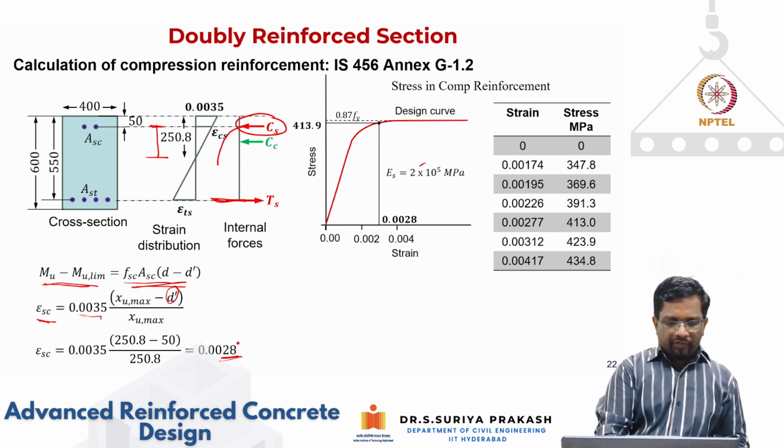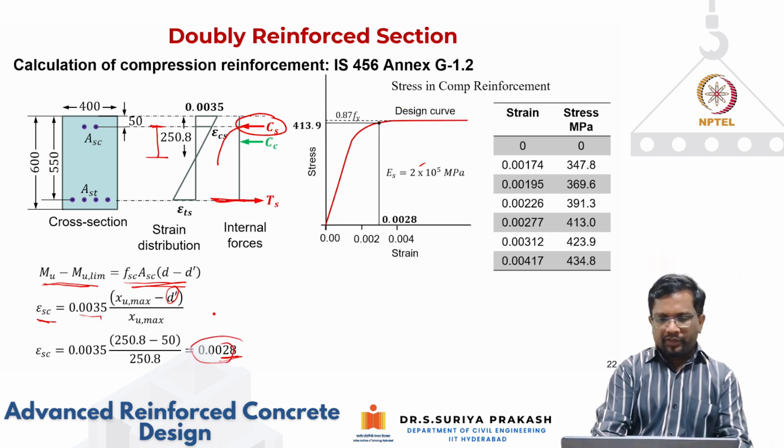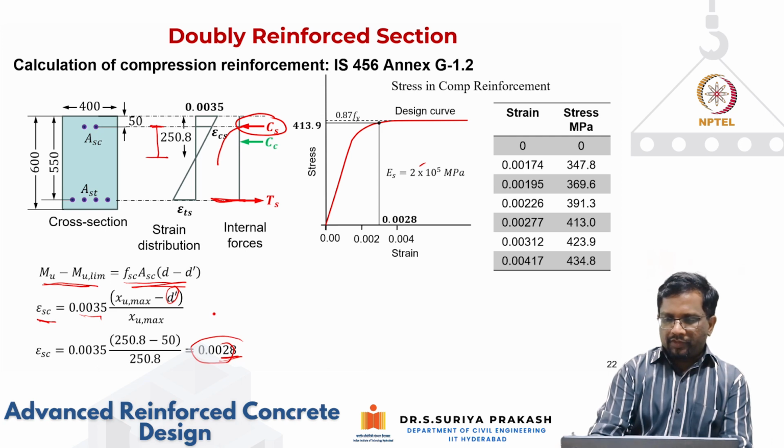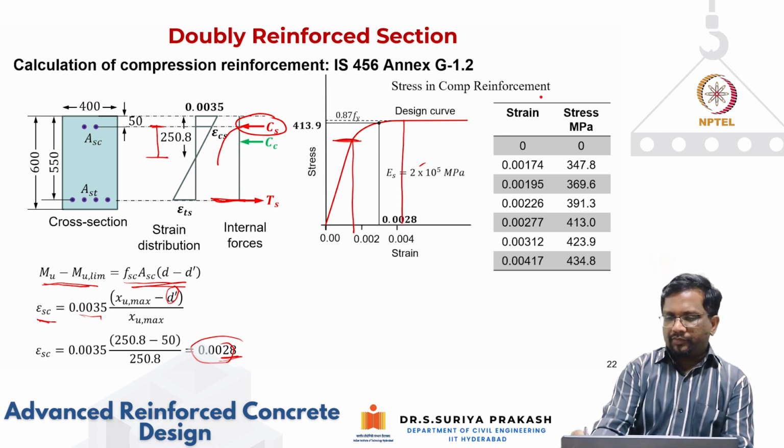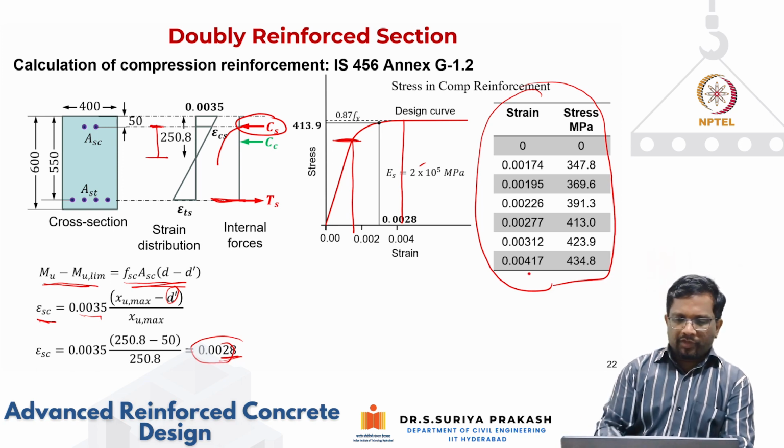Now for a strain of 0.0028, you see here. We have seen this: when it is less than this value, you can directly multiply. So from this region to this region somewhere, we have to use this table which is there here. For example, 0.0028 is what we are looking at.